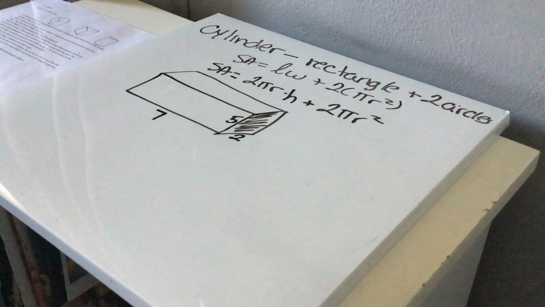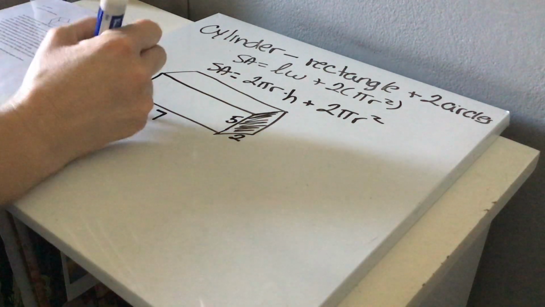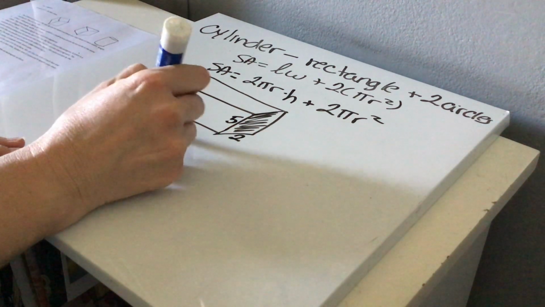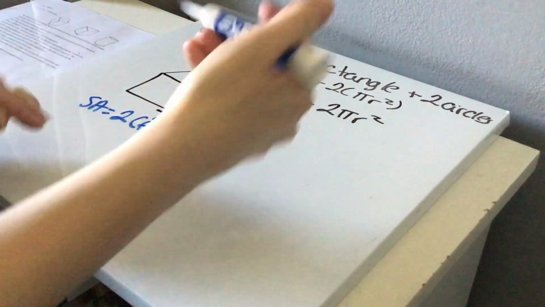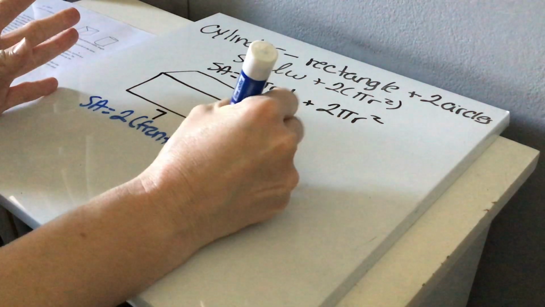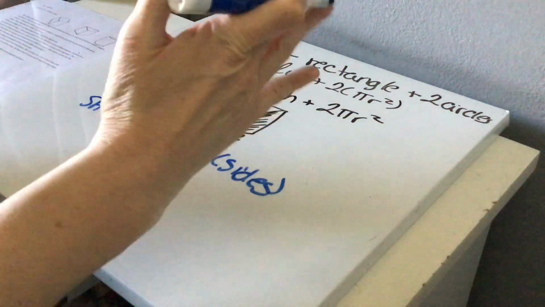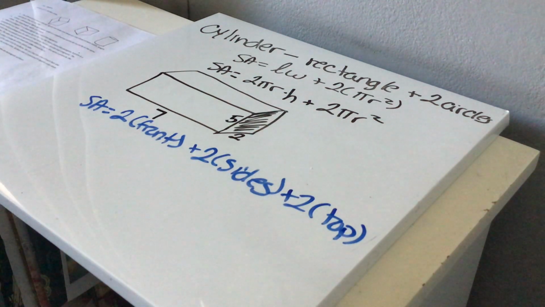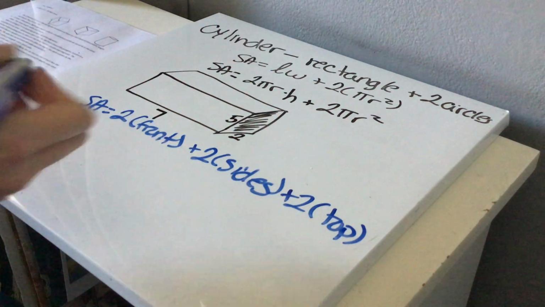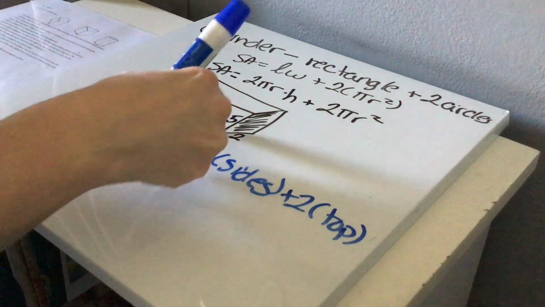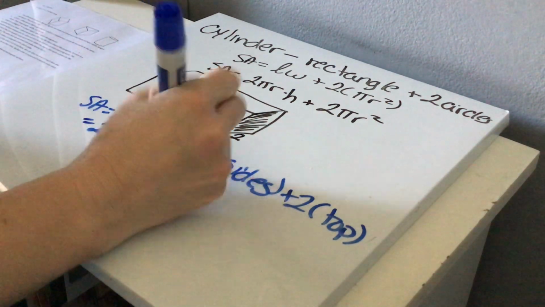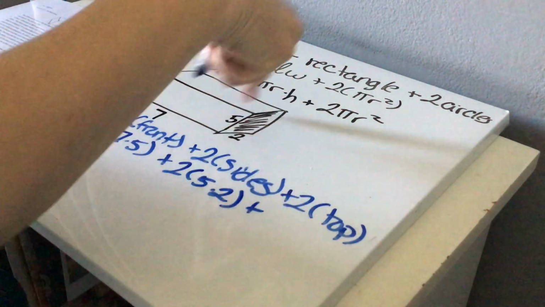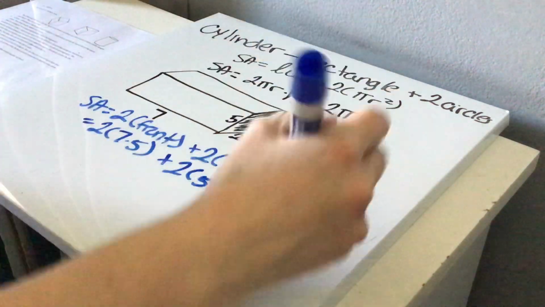To find the surface area, it's 2 times the front, because the front and the back are the same, plus 2 times the area of the sides, plus 2 times the area of the top, because the top and the bottom are the same. The front is a rectangle with dimensions 7 and 5, the sides are 5 and 2, and the top is 7 and 2.